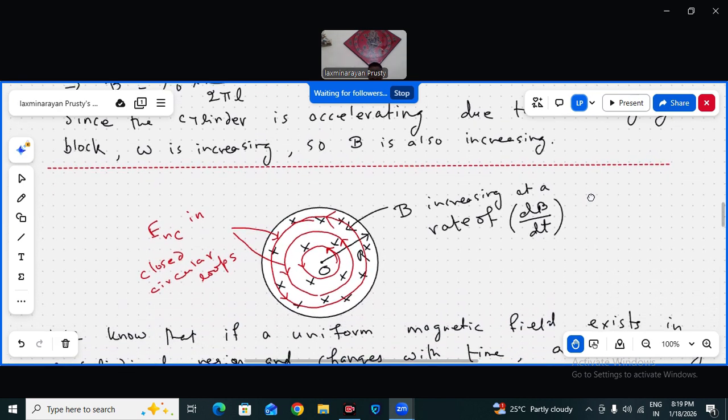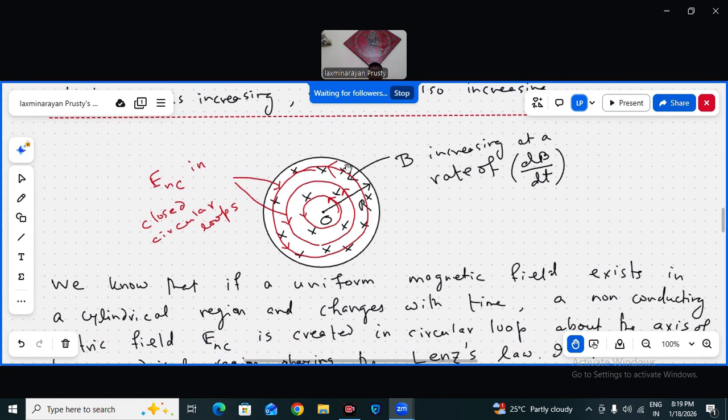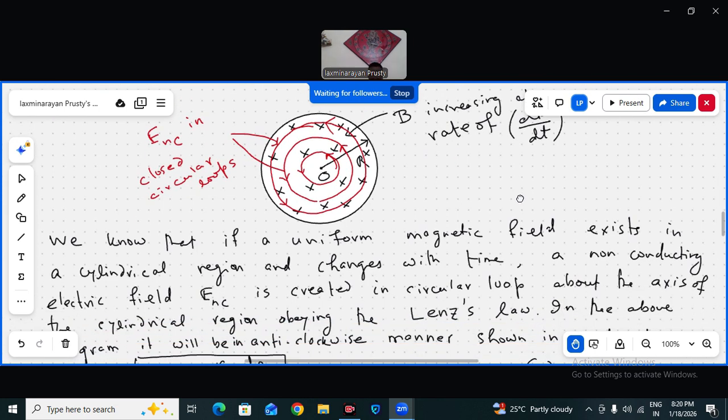I divert a bit to the electromagnetic induction situation. If we have a uniform magnetic field in a cylindrical region, with the length into the plane, and B is uniform and changing with time at a rate of dB by dt, then what happens?